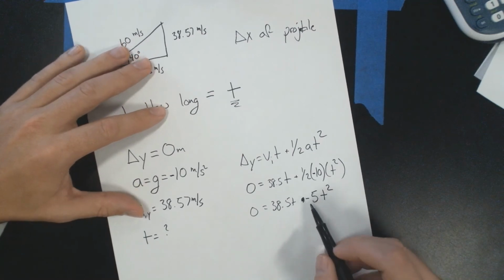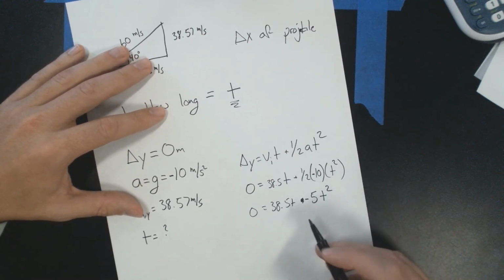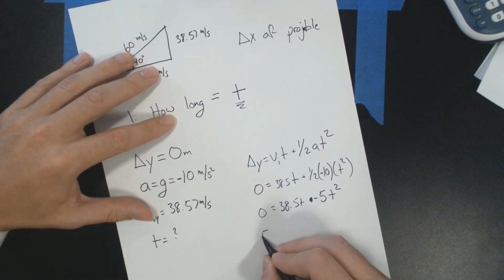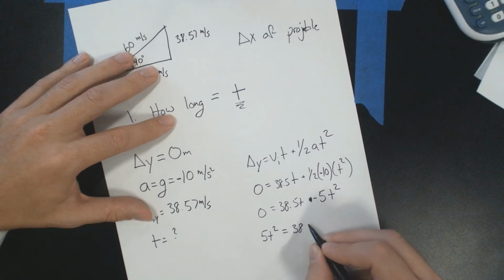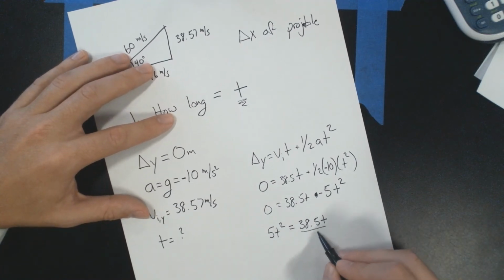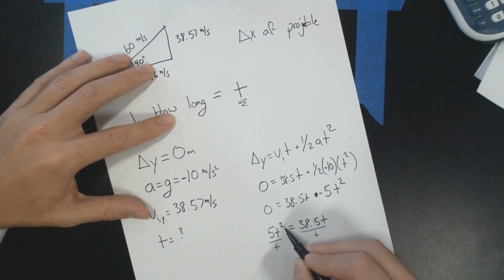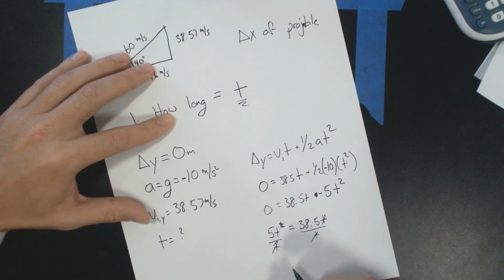Because what we're going to do is add 5t squared to both sides of my equation, and I'm going to get 5t squared is equal to 38.5t. And what you should see is that I can go ahead and divide t on both sides. That'll get rid of this, and it will strike this.